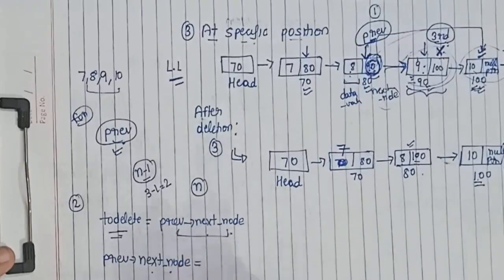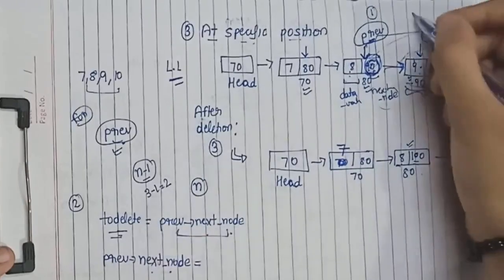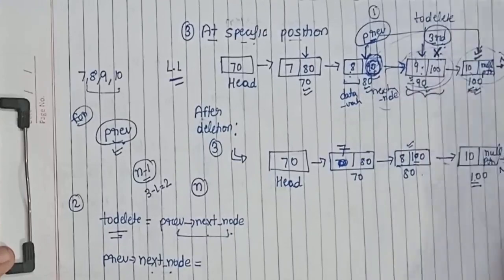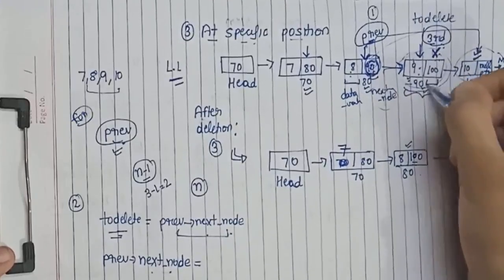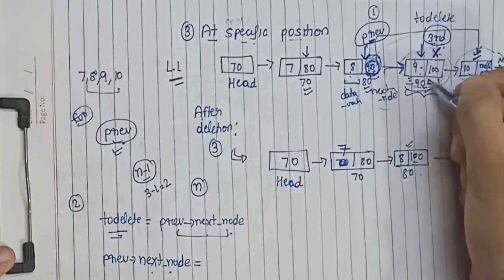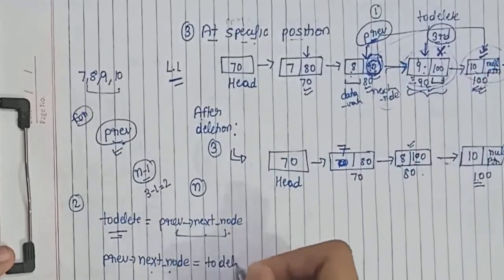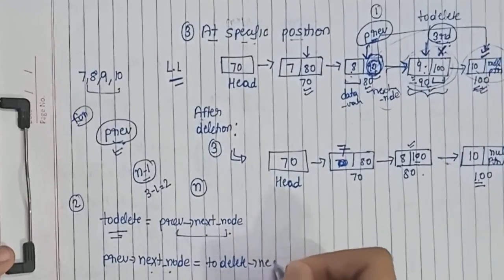How can I assign it? Note that this is the to delete pointer, pointing to this node now. And this next node part of to delete is storing address 100. So I will do previous next node equals to delete next node.